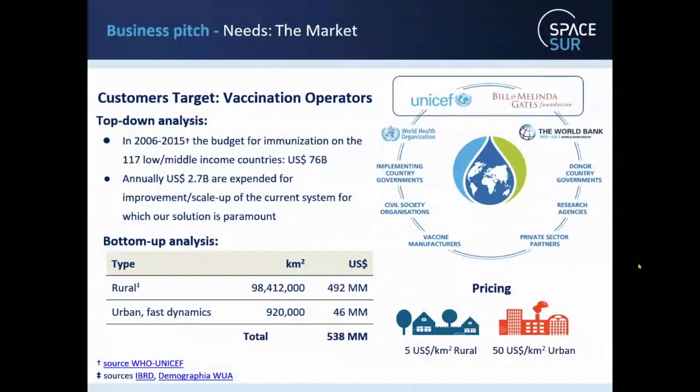These are our customer targets. From the two aspects of the analysis, top-down and bottom-up, we identified a market of more than 500 million. We then defined a pricing of $5 per square kilometer in rural areas and $50 per square kilometer in urban areas. That is our target from a business perspective.